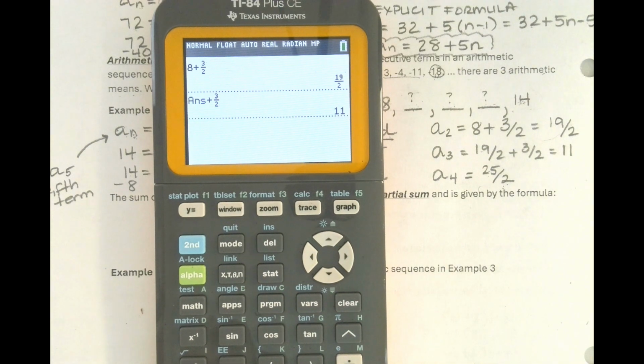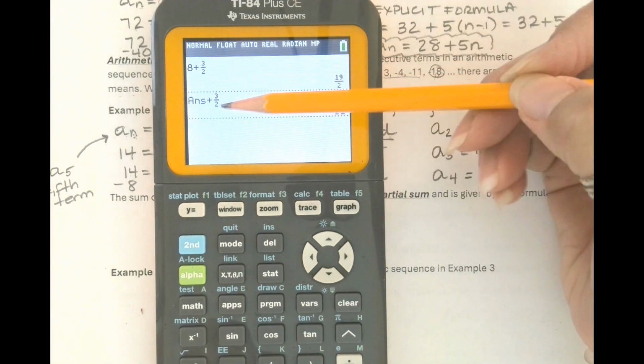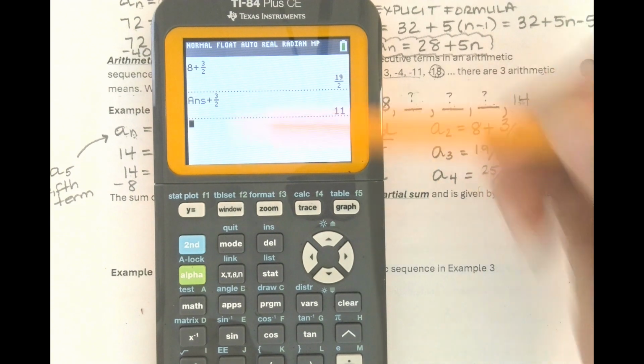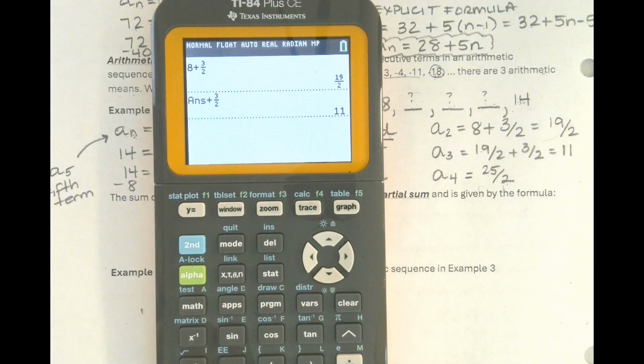The calculator notices the pattern of you having added 3/2 twice. So it will continue to add 3/2 as you press enter. It would just keep adding 3 over 2. So once you do it twice, it will continue doing that pattern.